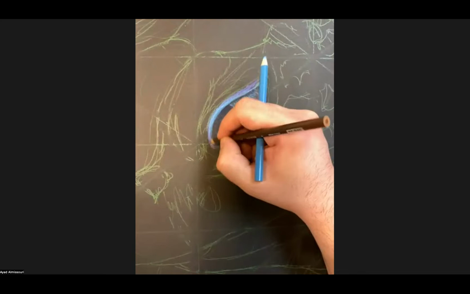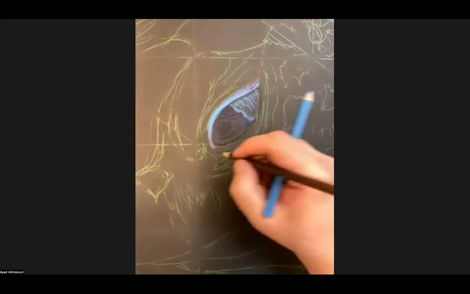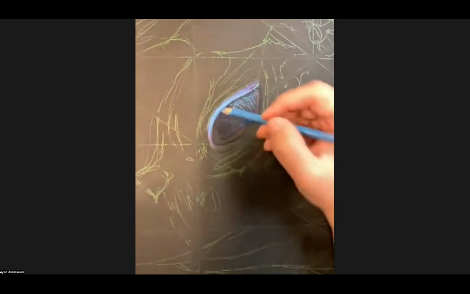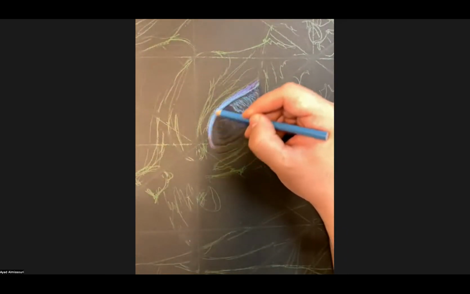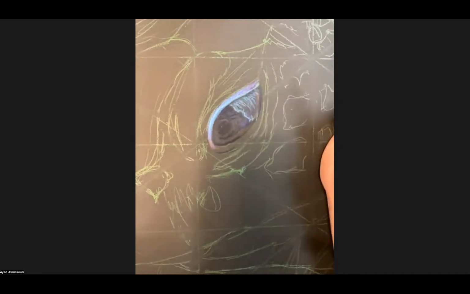Okay, almost like a shadow, but it's actually more brown. So I'm going to add a little bit more brown. And then it sort of dulls it down on this side here. Okay. Now around that is what color?